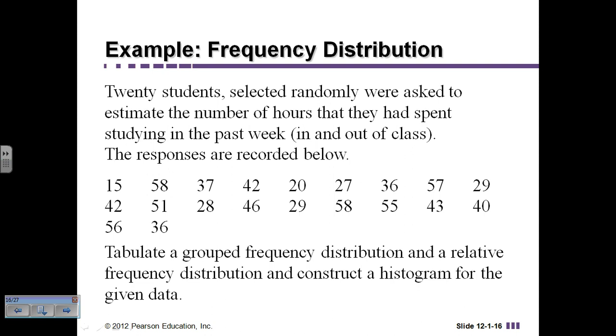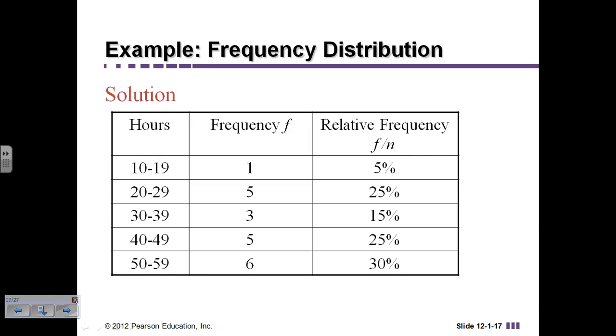But then the next thing I would want to put in my chart would be 16 hours, but there's nobody with 16 and nobody with 17 and nobody with 18. So if I tried to have just a frequency chart that had all of the frequencies possible listed between 15 and 58, it would be a really, really big chart, and it wouldn't quite tell me as much information as I would like to know. So what we do is we decide, okay, I'm going to group together some of the students. So I determined that the range of students was from 15 to 58.